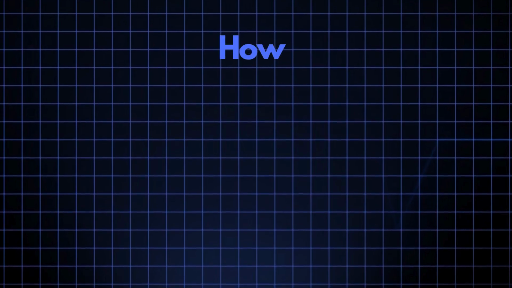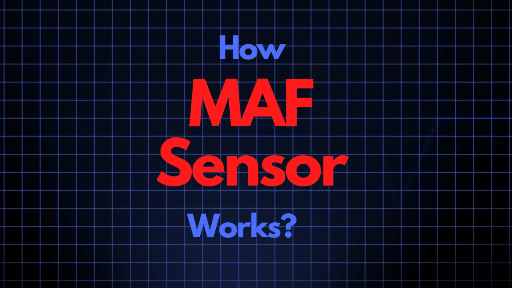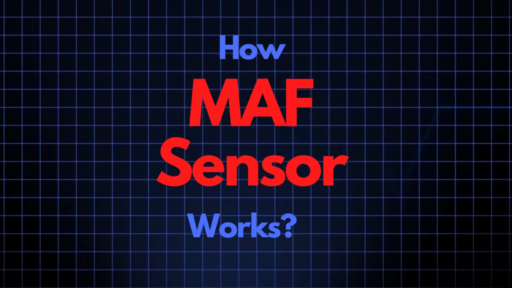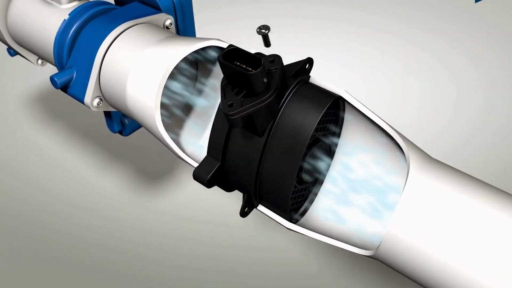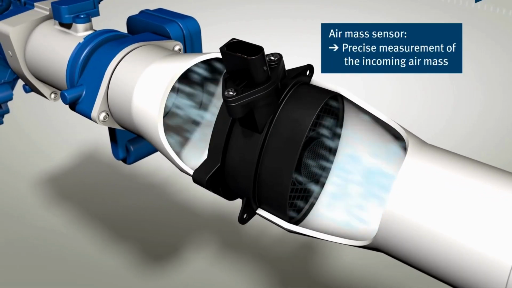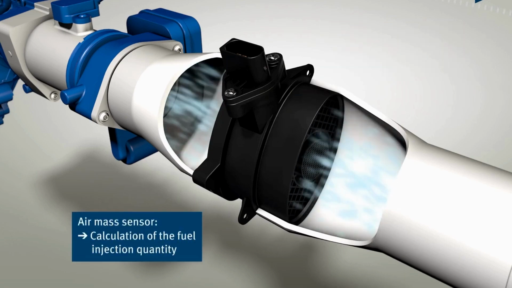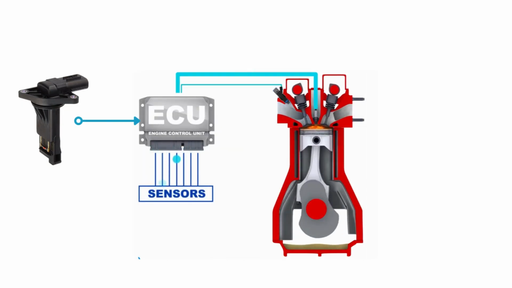Now let's talk about what the MAF sensor actually does. The mass airflow sensor is responsible for measuring how much air, and how dense that air is, entering the engine. This information is extremely important because the engine control module relies on that data to calculate the correct air-fuel ratio for efficient combustion.